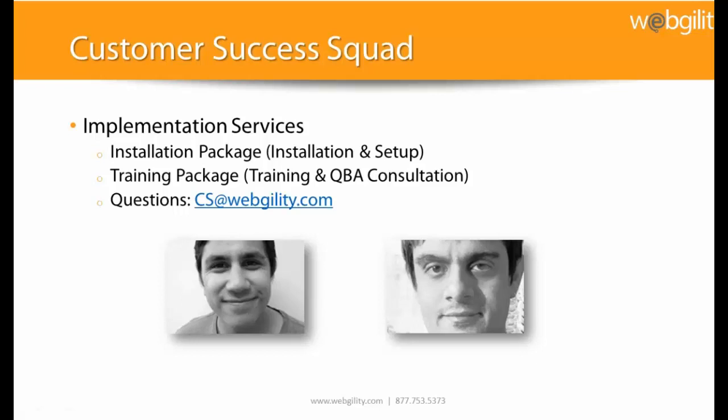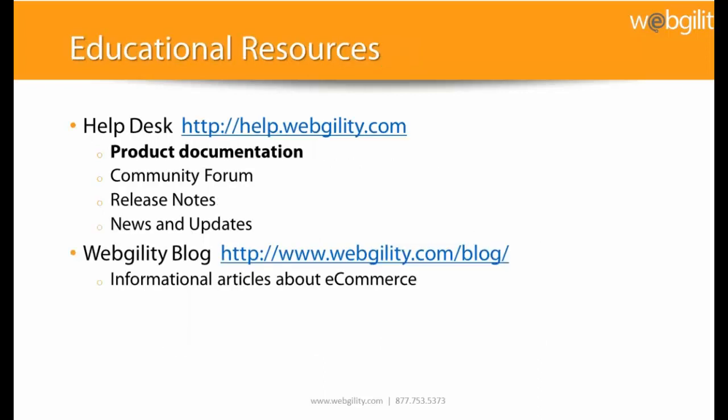If you purchase a QuickBooks Point of Sale or Enterprise, implementation comes with your particular plan. For eCC Cloud or Shiplark or Pro Premier plans, you will have to purchase implementation services, but we've got installation packages, training packages, and here are your friendly staff in the Customer Success Squad. If you have any questions, you can always reach out and send us an email at cs@bgilit.com.